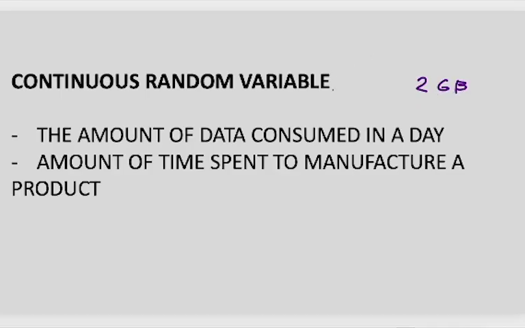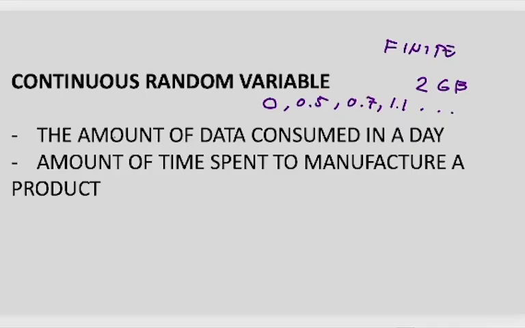So starting from 0, you can consume 0.5 gigabytes. You can consume 0.7, 1.1 gigabytes until you reach the maximum value of 2 gigabytes. So in this case, this particular variable is considered to be a continuous random variable, which is finite because it has an upper limit.